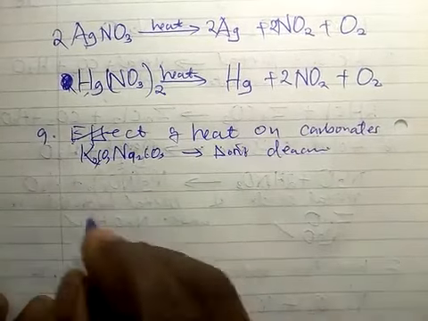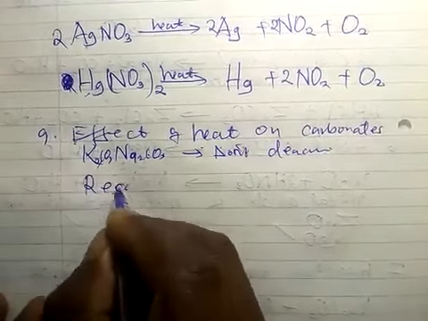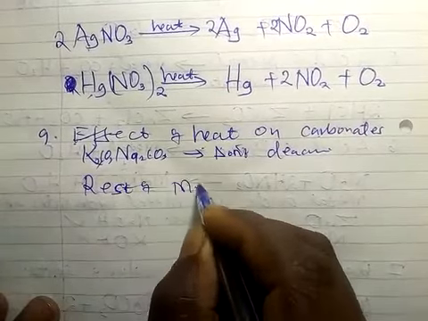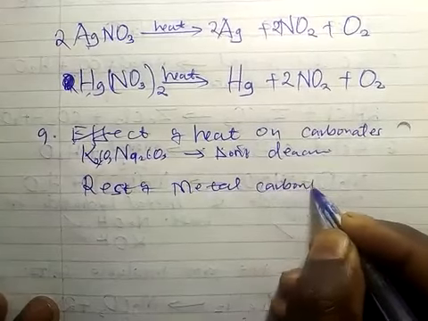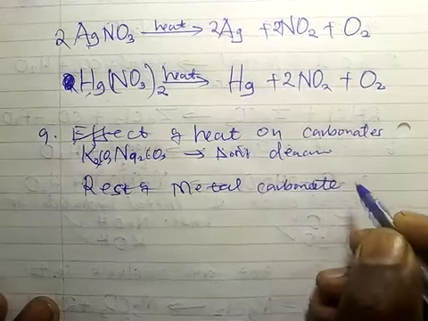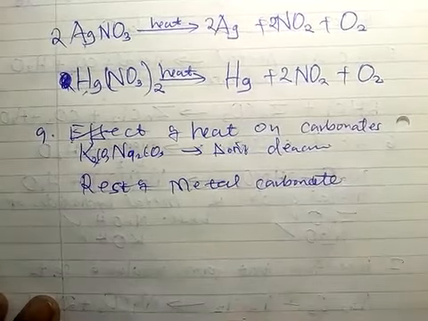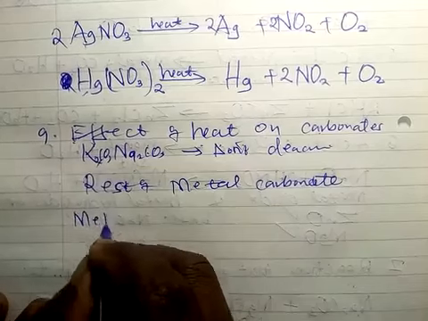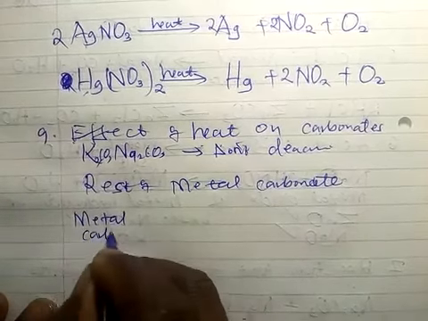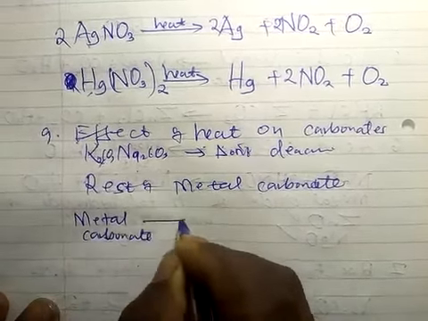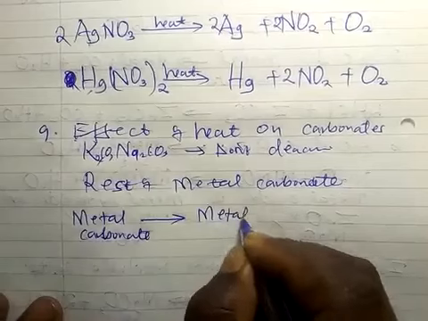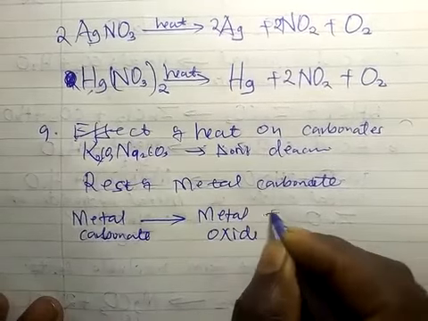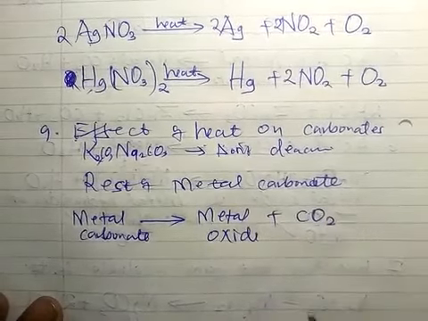But the rest of the metal carbonates decompose when heated. So let me write it generally: when you heat a metal carbonate, it decomposes to give you the metal oxide plus carbon 4 oxide, as simple as that.